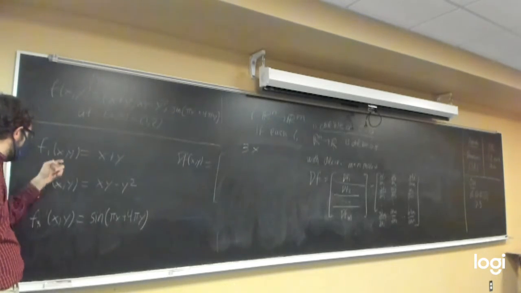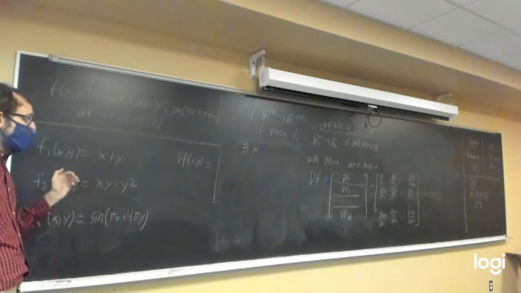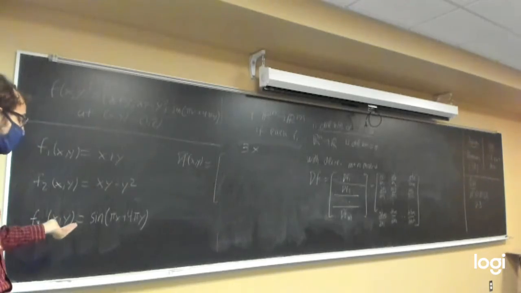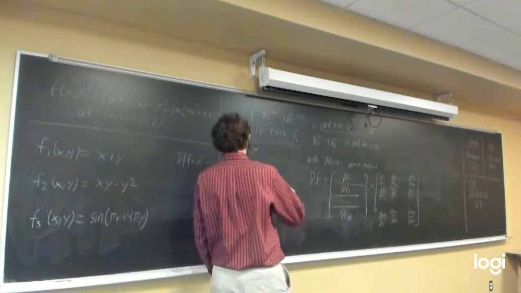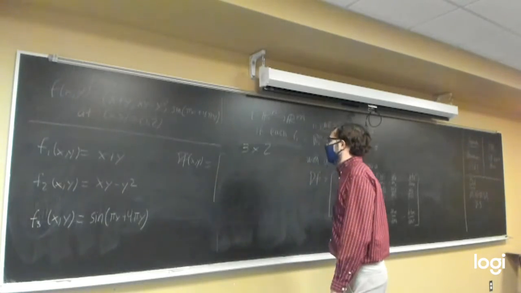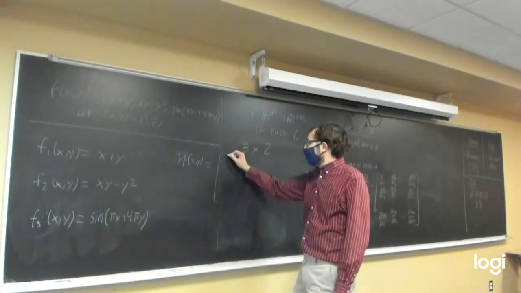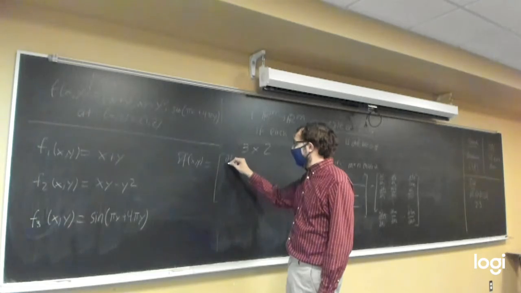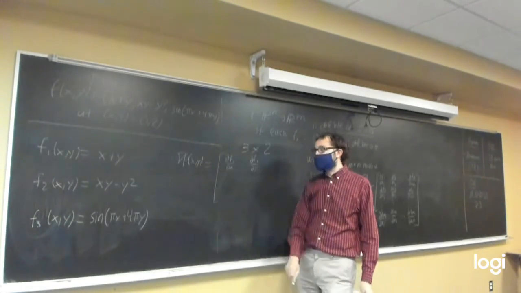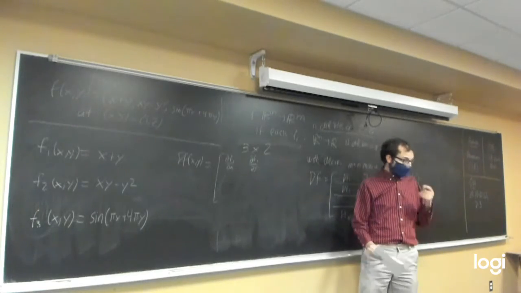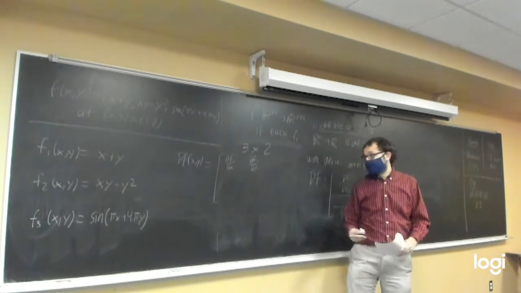f1, f2, and f3 are all functions of two variables, so we can differentiate each one with respect to x and with respect to y, and we're going to have a column for each one of those. This will give us a 3 by 2 matrix made up of del f1 del x, del f1 del y. So the first row is just going to be the partial derivatives of f1.